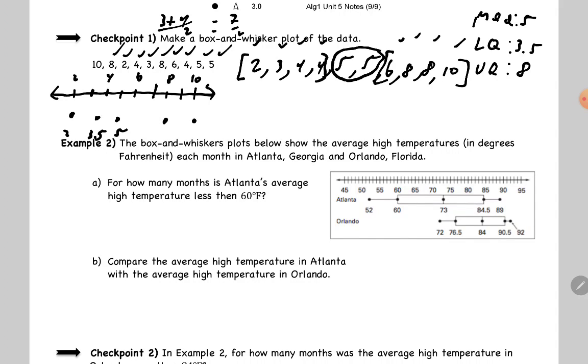And our maximum value is 10. So I'm going to draw my vertical lines at my quartiles and my median, then connect them, and then draw my whiskers. And don't forget to label your points, which this is 8 and this is 10.